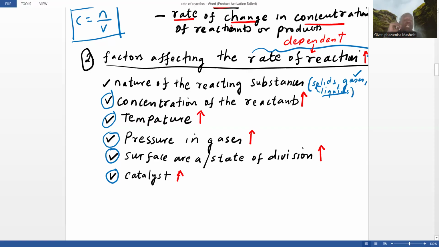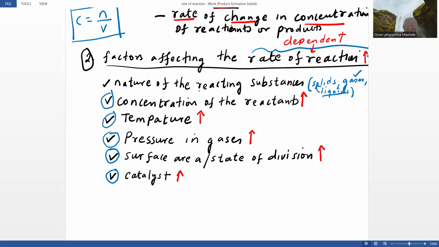But there is something that I want you guys to understand, very important when you are dealing with this. You don't just talk about any of the factors. You must look at the state of phase of your substance. For a substance that is in solid form, you cannot talk about pressure. It's very, very important to understand.